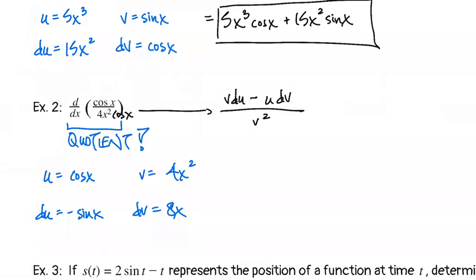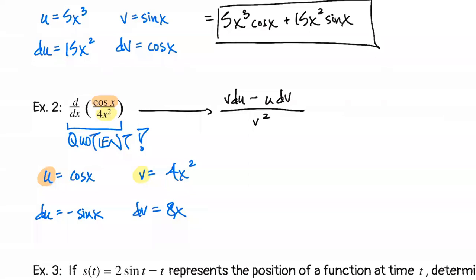The whole denominator. Yes, great question. Whatever is on the bottom is going to be your v, and similarly, whatever is on the top is going to be our u.